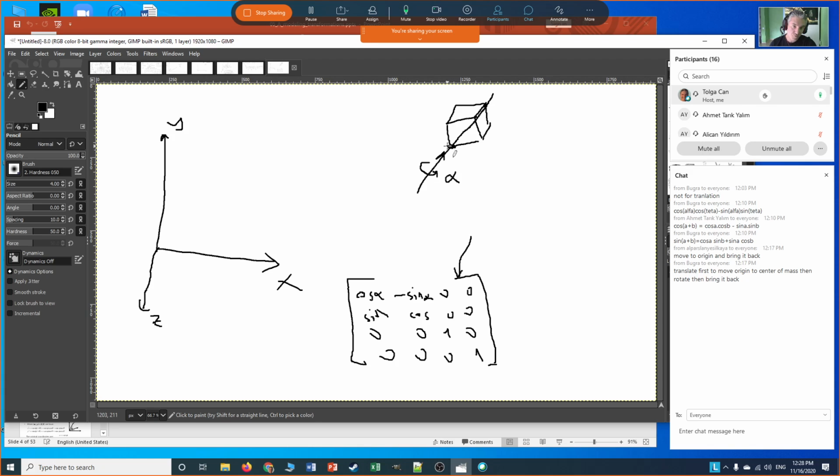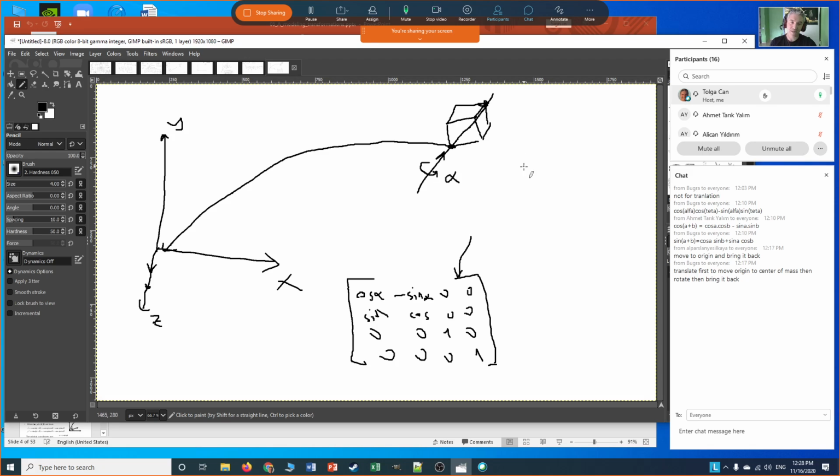We're first going to move this corner of the cube here, and then we are going to apply a rotation on the cube. Actually, it's going to be like 3 steps. First is translation, to get this point onto the origin, and then perform a rotation.